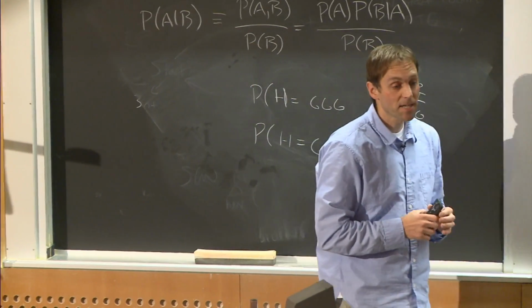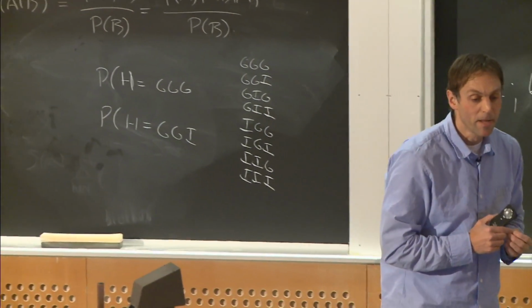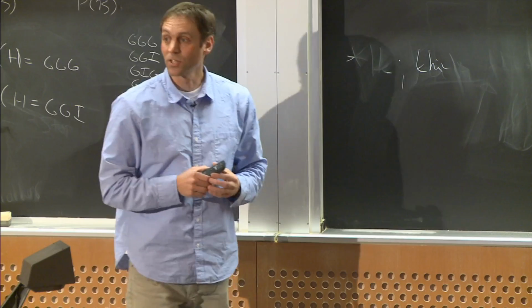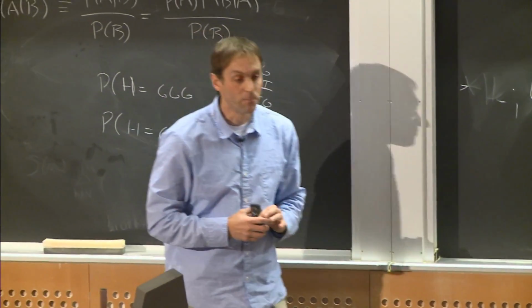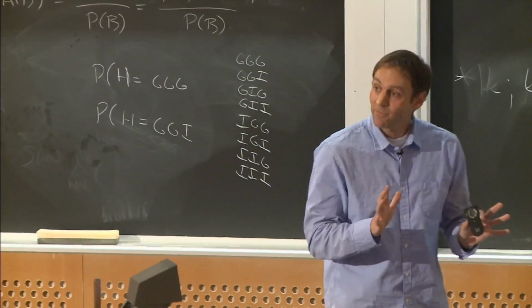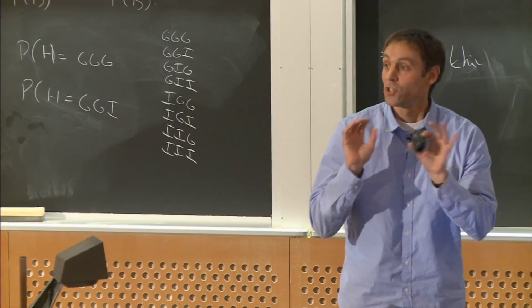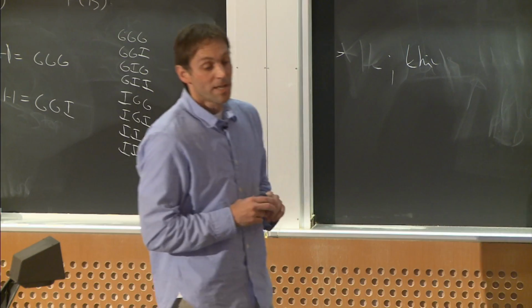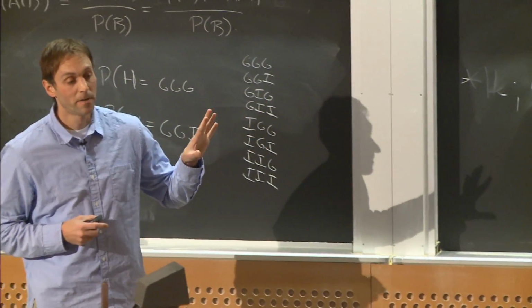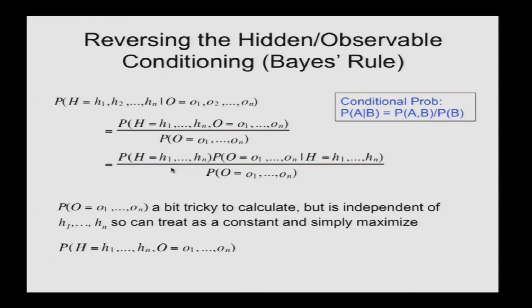So that sounds complicated to calculate. It turns out there's a trick, and you can calculate it, but you don't have to. That's one of the good things, that we can just treat it as a constant. Notice that the denominator here is independent of the h's. So we'll just treat that as an unknown constant, and what we're interested in is which possible value of h has a higher probability.